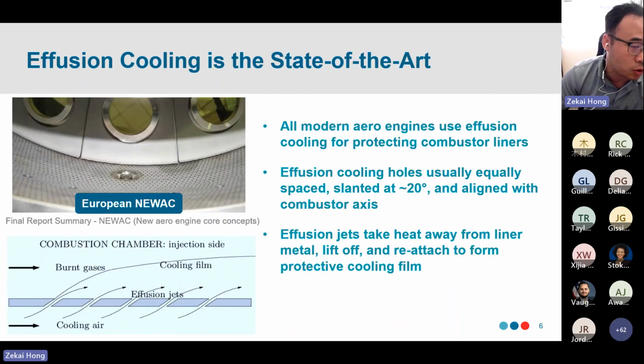Here I have a picture of what's happening inside an aero engine. You can see all those tiny holes. They are aligned with the axis of the combustor. They are essentially effusion cooling holes. For the effusion holes to work, you have the cooling air flowing on the backside of the combustion liner, passing through all those tiny holes, and gradually forming a cooling film over the hot side of the liner.